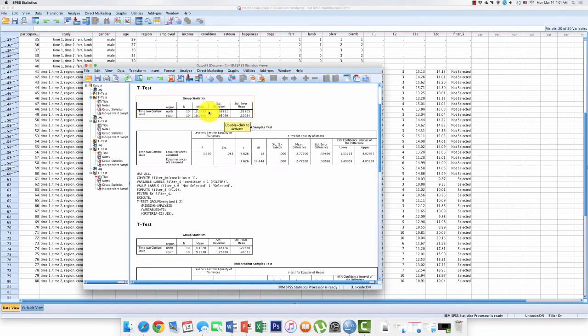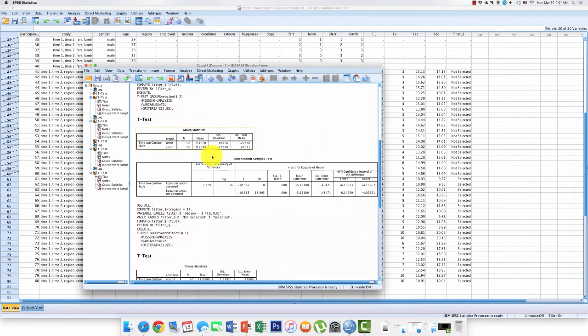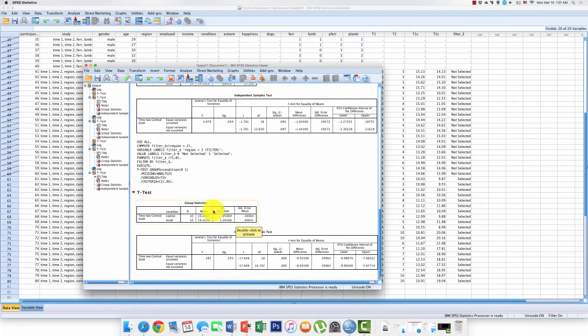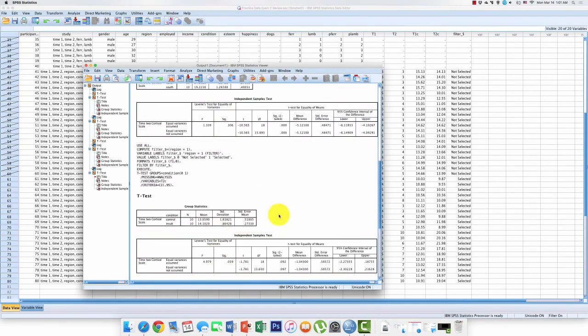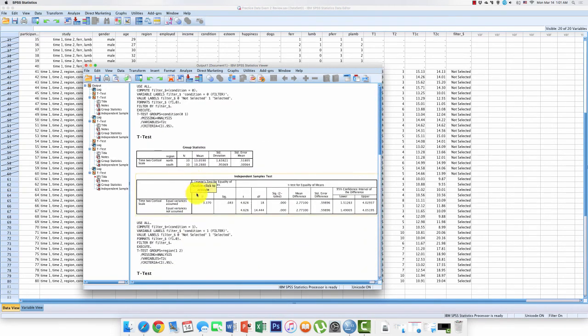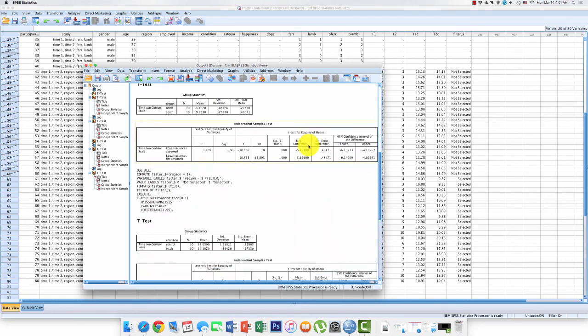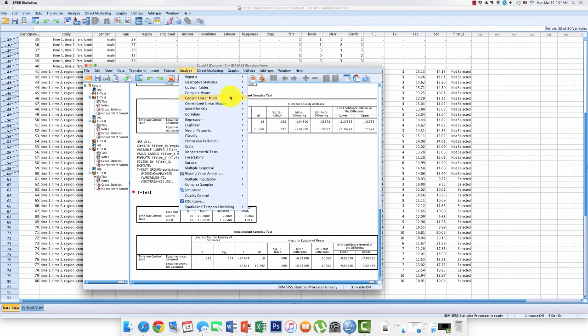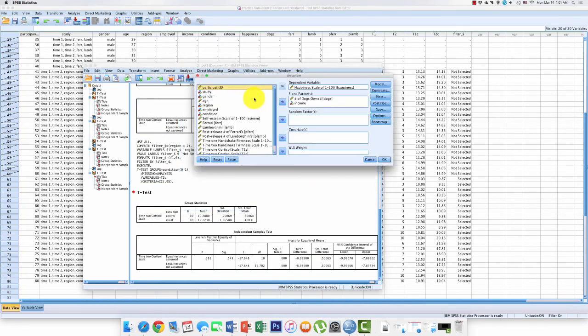So for my example, it's only showing up as 4 means and standard deviations, but don't forget to flip it around. When you use select cases, do it first for region and then flip it around and do it for condition.